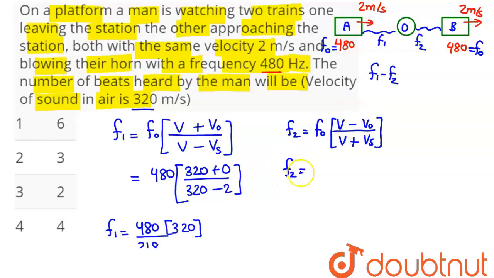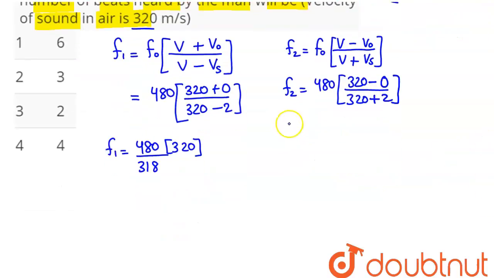So F2 comes out to be 480 into 320 divided by 320 plus 2. The observer is at rest and the source is moving at 2, so this is minus and this is plus. So F2 comes out to be 480 into 320 divided by 322.